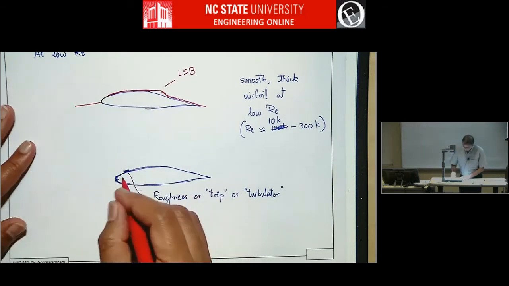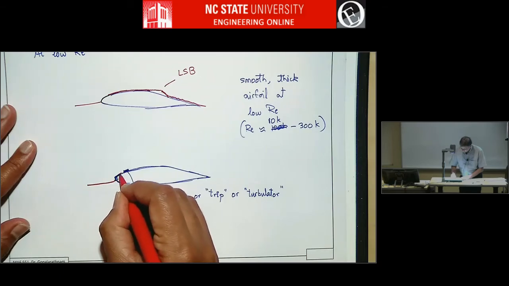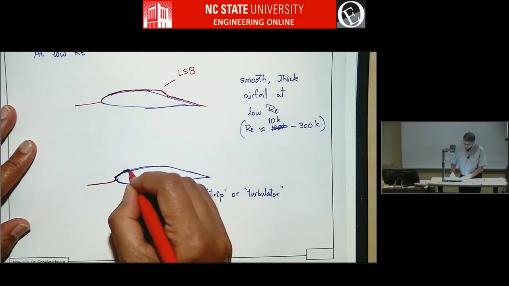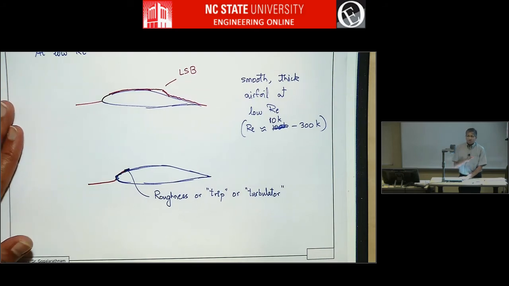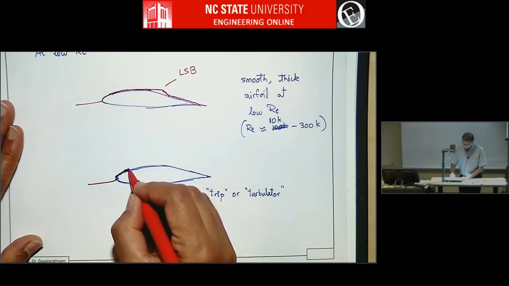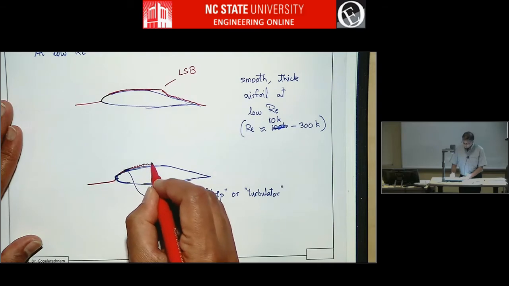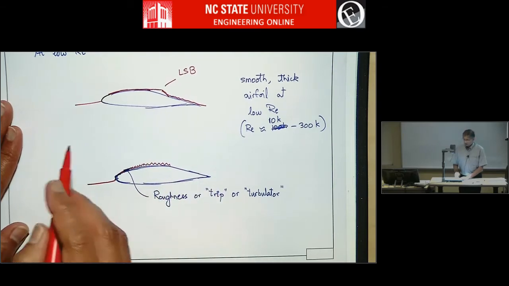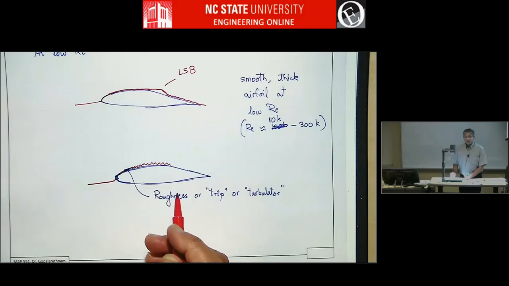So here you have, as before, laminar boundary layer, and now because of the roughness, pretty much right away after roughness or slightly downstream of the roughness, depending on the Reynolds number, it will become turbulent. And if the boundary layer is already turbulent, by the time it comes here, it won't form a laminar separation bubble, right?